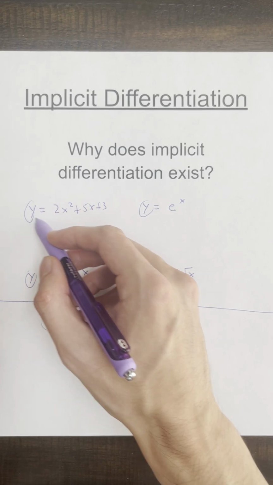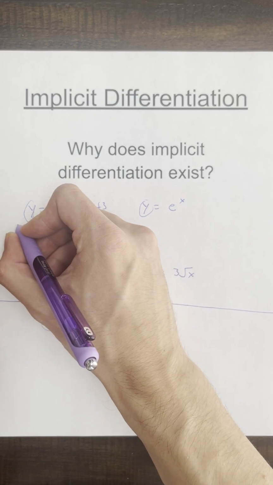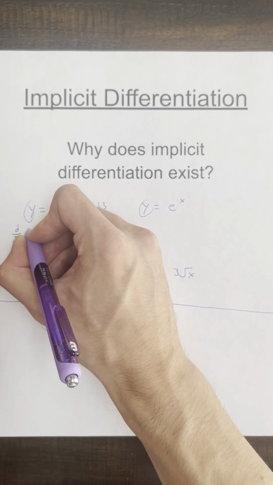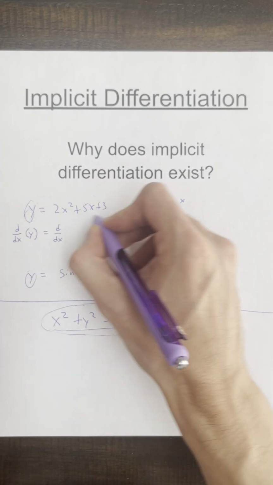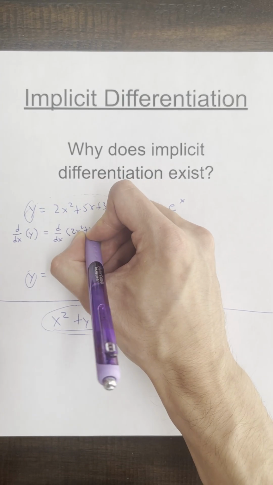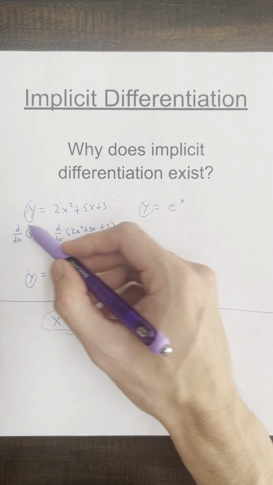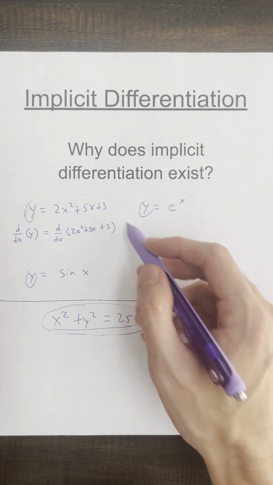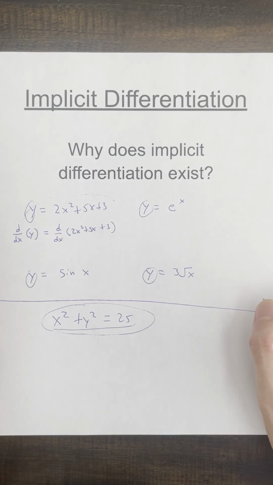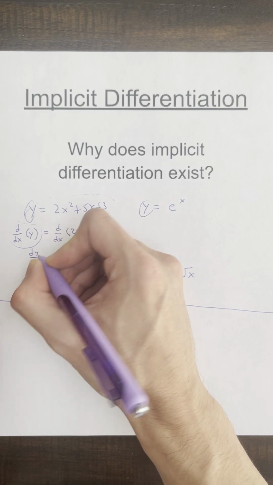How do we differentiate this equation? So I'm going to take the derivative with respect to x of both sides of this equation. Okay, so I just took d dx of both sides of this equation, and what am I going to get here? So this is the same thing as dy dx.